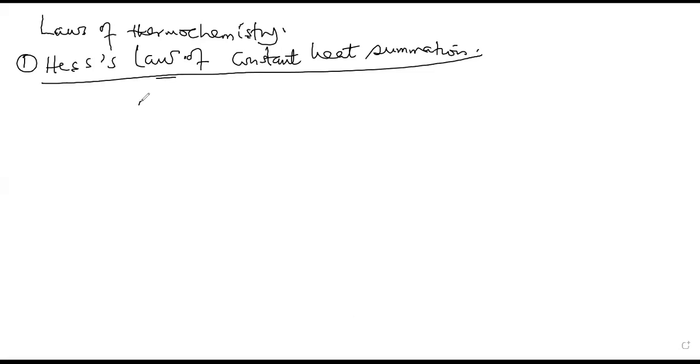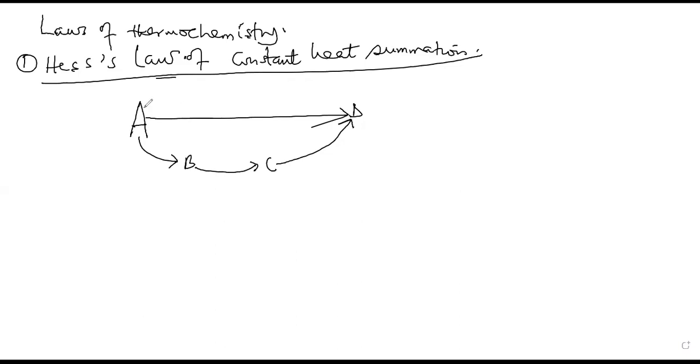I'm assuming that I have A. From A, you can go to B. From B, you can go to C. From C, you can go to D. But someone can be like me, I can go direct to D. So I can call this one my root 1, from A direct to D. This is my root 1.